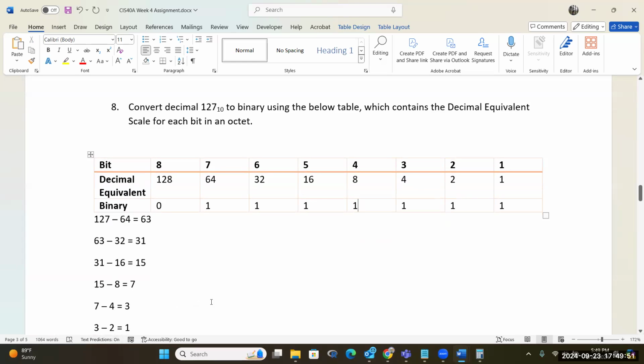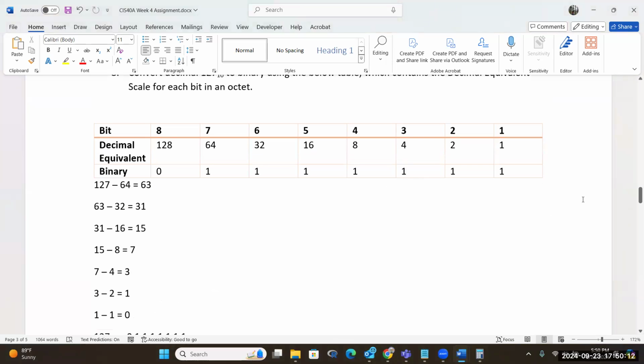Then I go down the scale again. 7, subtract the next number. Yes. So 7 minus 4. Put a 1 and I'm left with 3. And then I go down the scale again. 3 minus 2. I'm left with a 1. And when I subtract, I put a 1 beneath it for that bit.